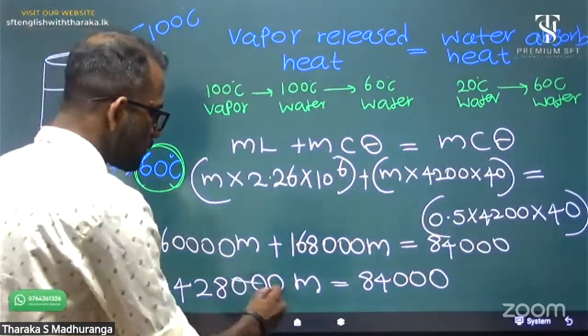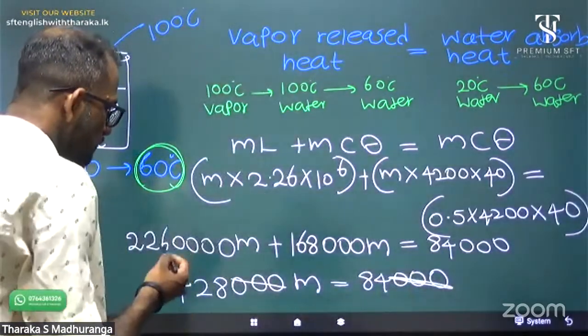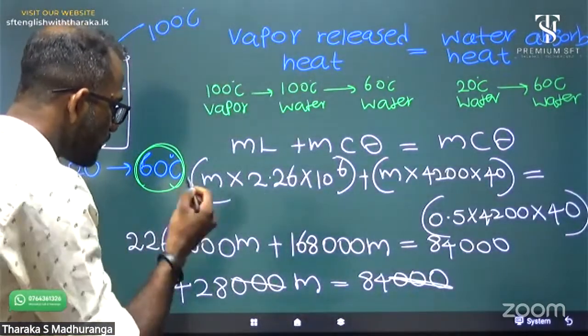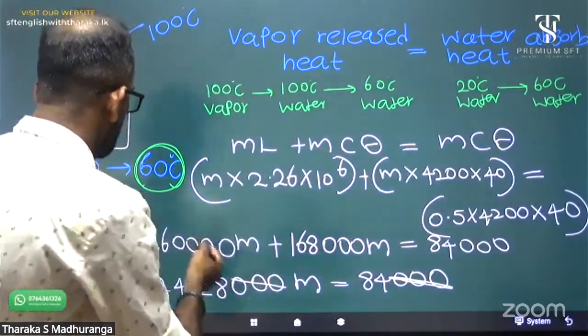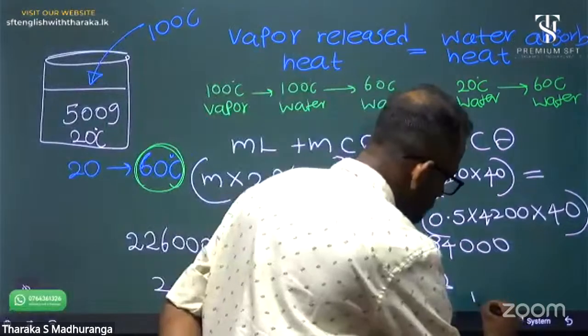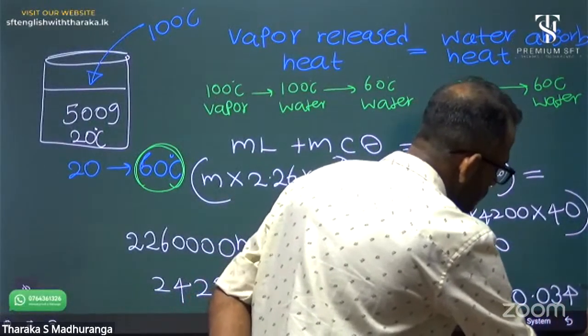Then the 30 cancels out. 84 divided by 2428. m equals 0.034 kilogram.